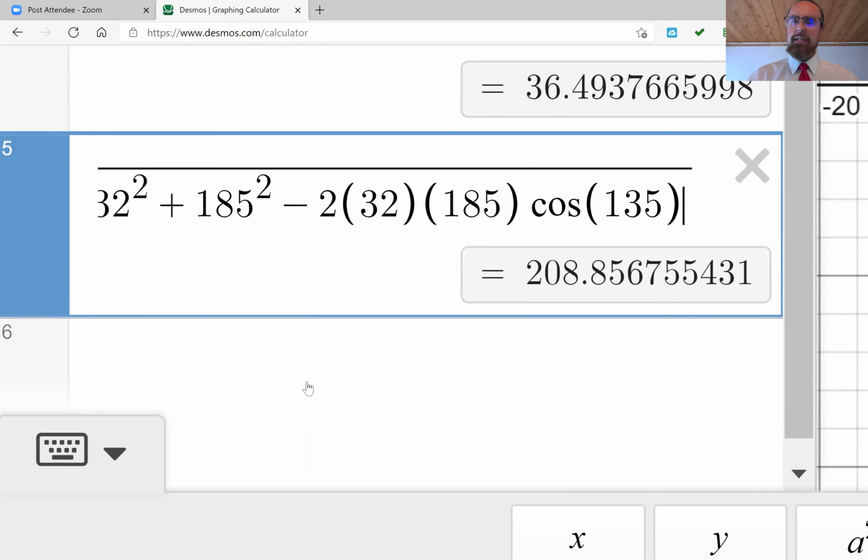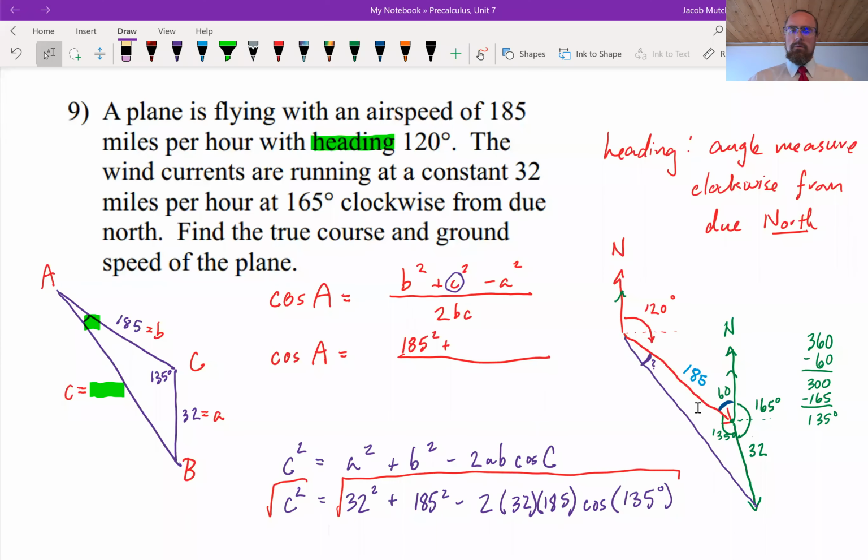And that's giving me a side length for C of 208.9. Let's record that 208.9 as the length of side C.